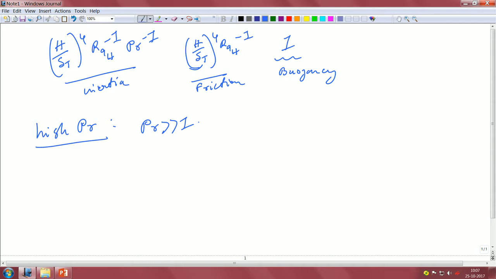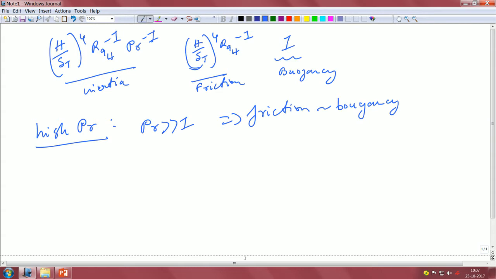We are going to propose two extreme types of solution over here. So, when Prandtl number is much greater than 1, friction is basically balanced by the buoyancy. Friction and buoyancy balance each other.